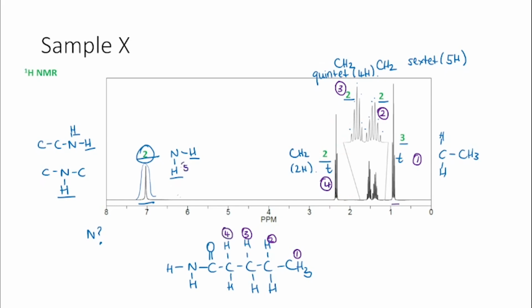Finally, we have our 2 proton signals attached to our nitrogen as part of our amide. And this gives us our final molecule.